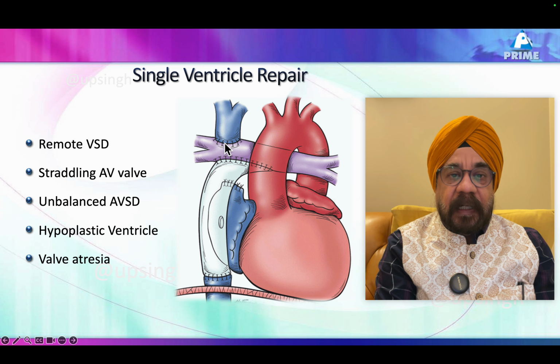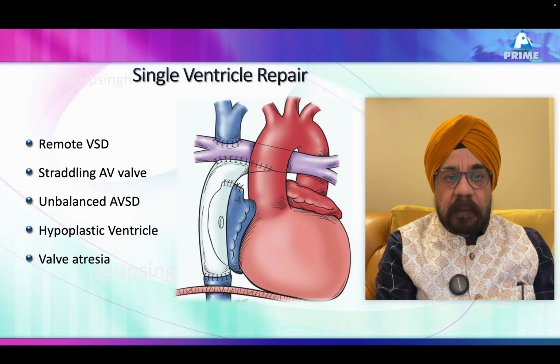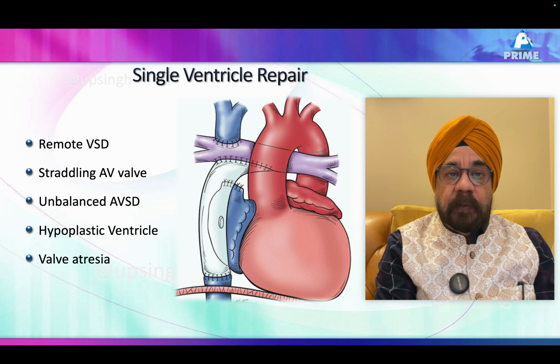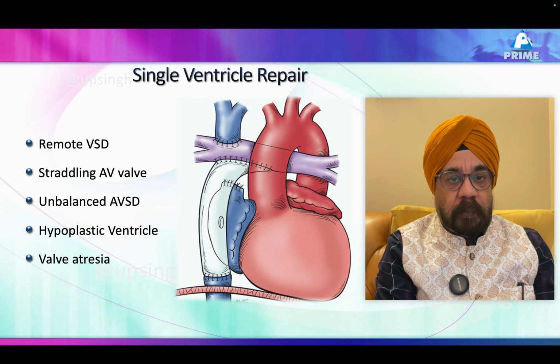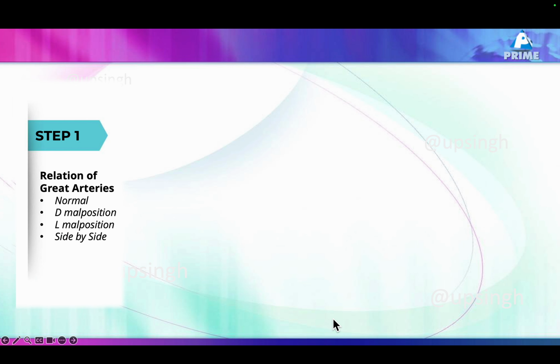It goes directly into the pulmonary arteries. This is just a pressure driven circulation. There is no ventricle pumping here, and there is no valve to check the backflow. So this is obviously not an ideal kind of situation children would have.